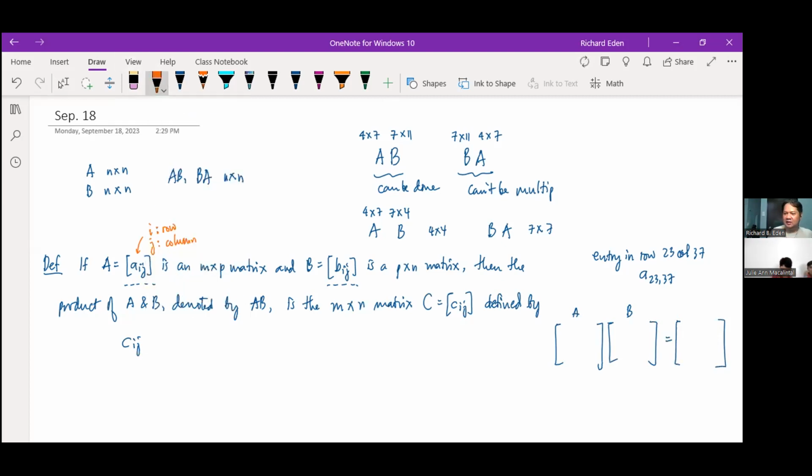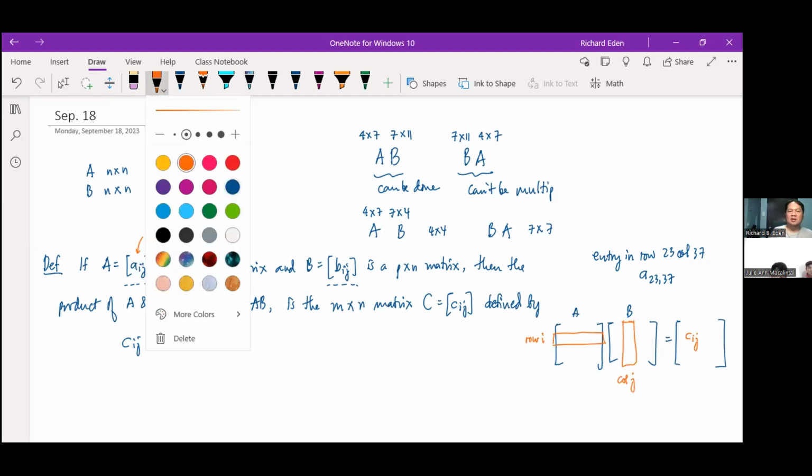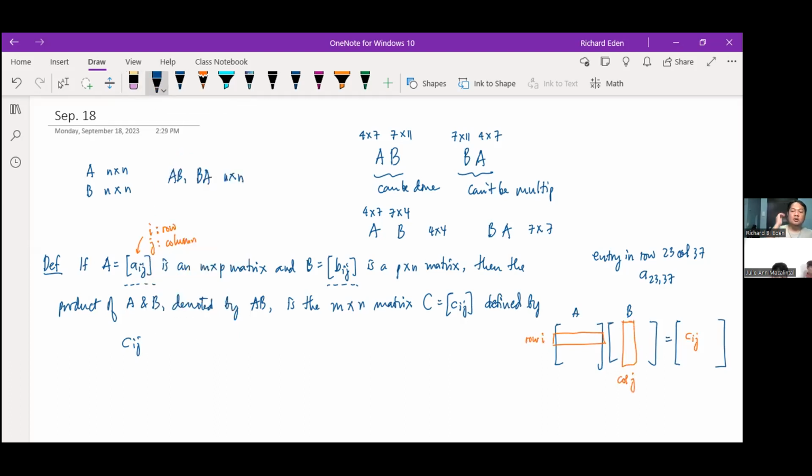If this is C sub ij, what we want is to extract the entries in row I of A, and in B, the entries in column J. And then we're going to multiply corresponding entries.